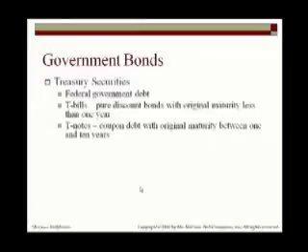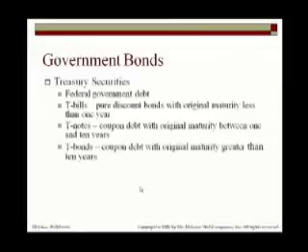Treasury notes are coupon debt with an original maturity between 1 and 10 years, and then Treasury bonds are coupon debt with original maturity greater than 10 years, and usually 30 years. The long bond, the long Treasury bond, is a 30-year bond. Although the government has experimented with other kinds of bonds, the British government issued consols, which actually don't have a maturity date. They're essentially perpetuities.